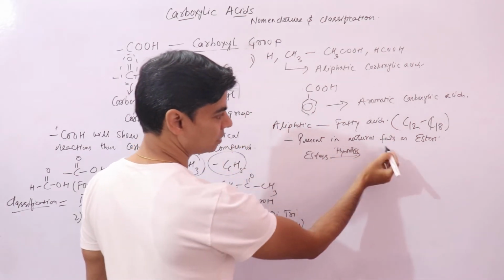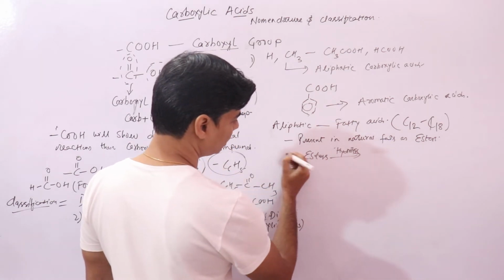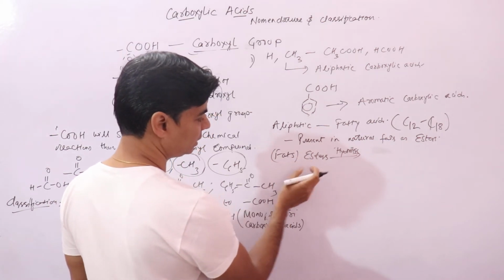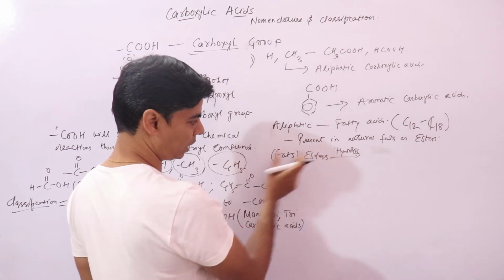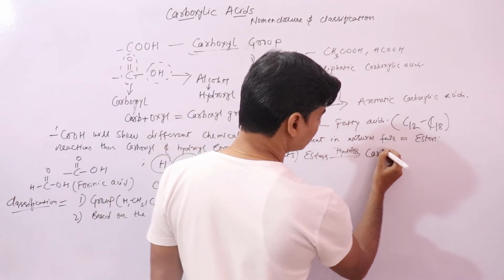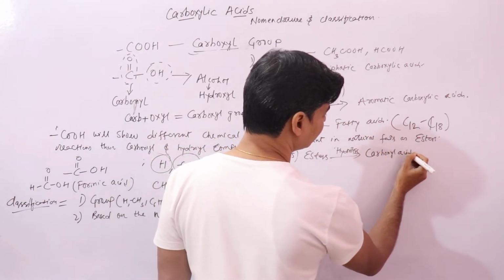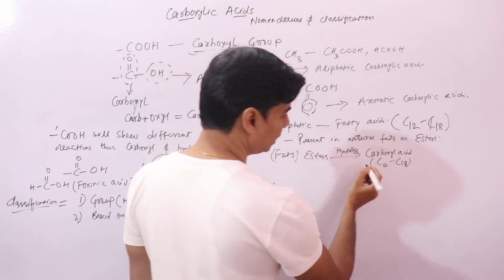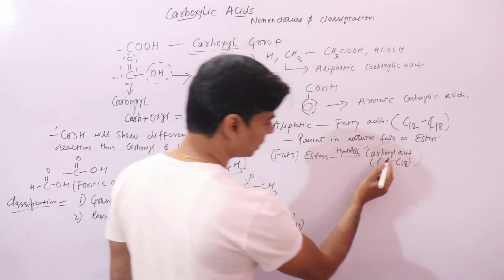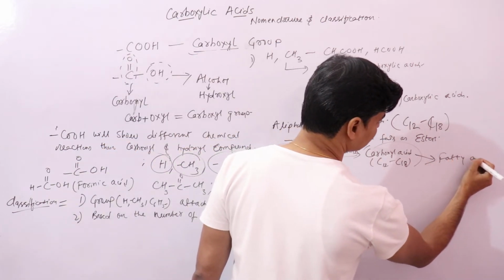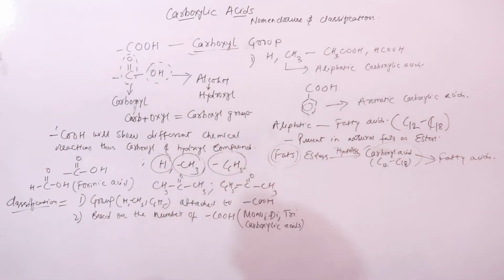When you hydrolyze these natural fats, which contain these esters, the esters present in the fats get hydrolyzed to carboxylic acids containing 12 to 18 carbon atoms. That is why these carboxylic acids obtained by hydrolysis of fats are termed as fatty acids. I hope this is clear, right?